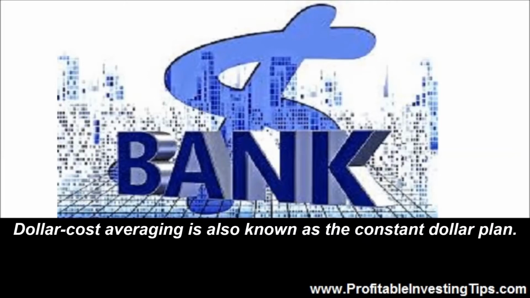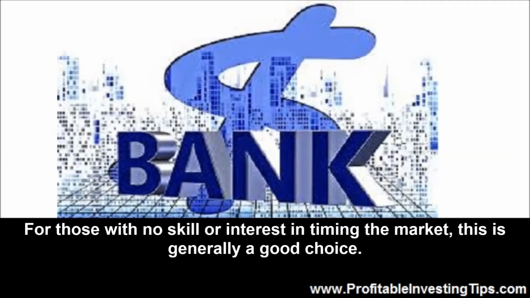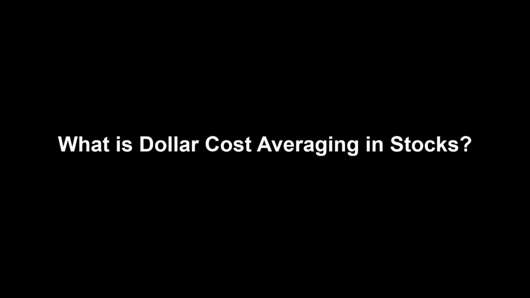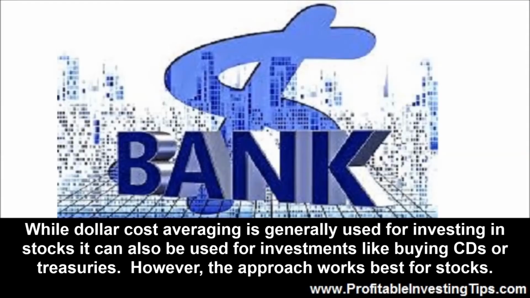Dollar cost averaging is also known as a constant dollar plan. For those with no skill or interest in timing the market, this is generally a good choice. What is dollar cost averaging in stocks? While dollar cost averaging is generally used for investing in stocks, it can also be used for investments like buying CDs or treasuries.